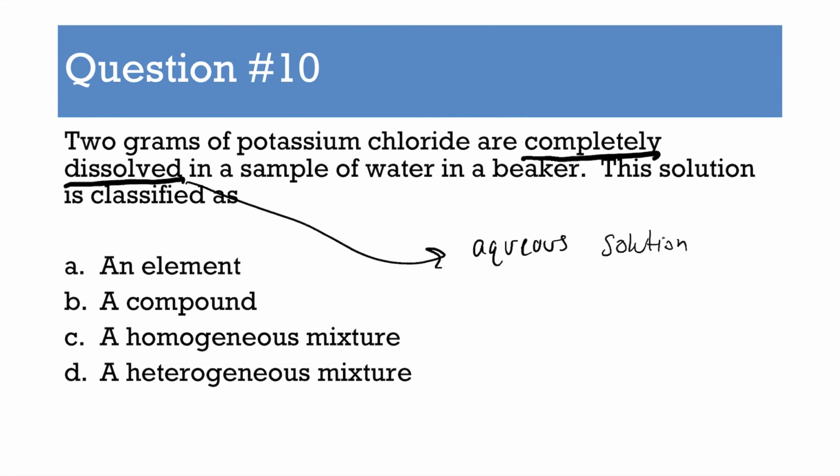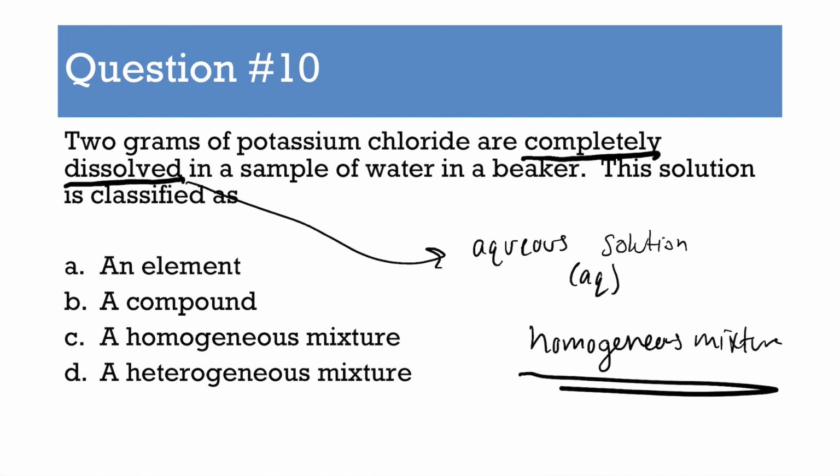Aqueous solution, you should think, okay, well that's symbolized AQ, and it is always a homogeneous mixture. If it says completely dissolved, that means there's nothing chilling at the bottom. It's all evenly spread throughout. The composition is uniform. That is a homogeneous mixture. So that is our answer, choice C.